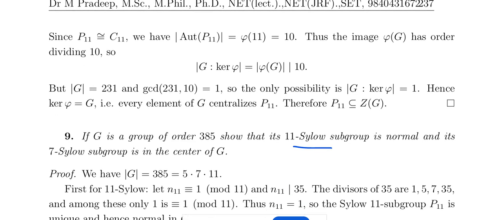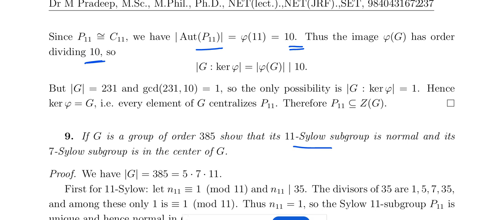P11 is isomorphic to C11, so consider the automorphism group of P11. The number of elements of the automorphism group is phi of 11, which is 11 times (1 minus 1/11), that is 10. So the image of pi of G has order dividing 10.